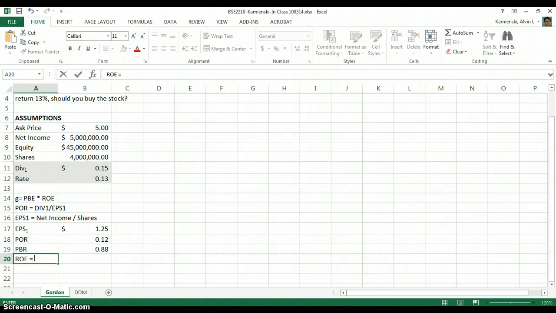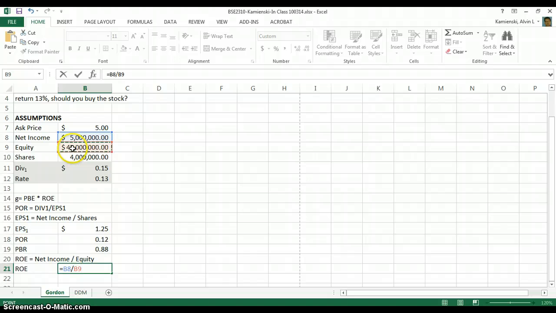So in order for us to finish our G calculation, we've got to be able to find ROE. And ROE is equal to net income divided by equity. So in our problem here, our ROE will be equal to the $5 million in net income divided by the $45 million in equity.